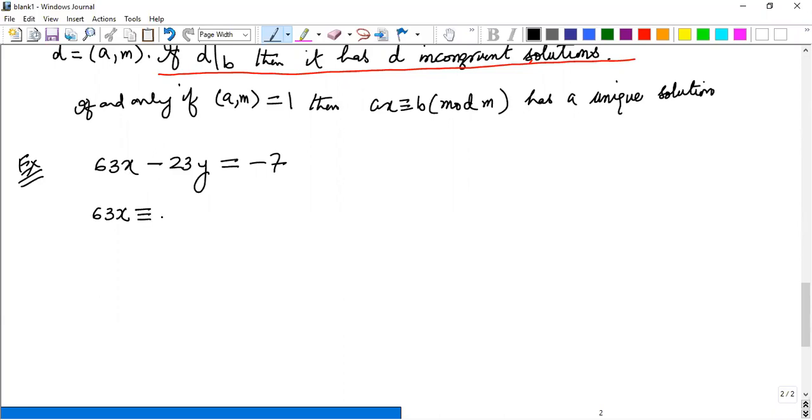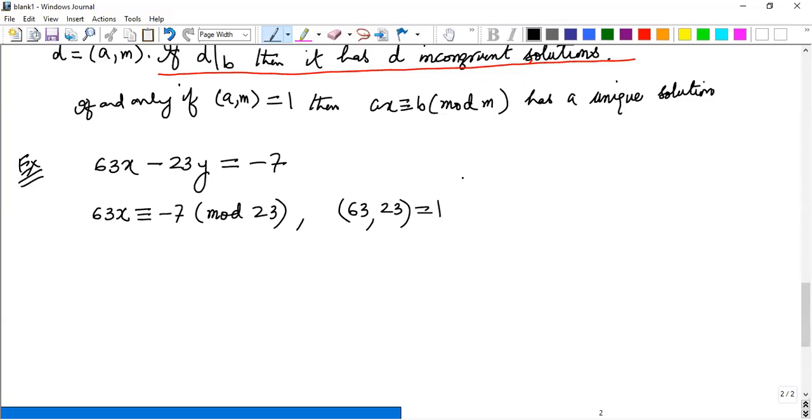There is no need to write -7, or you can write +7 as well. Anyway, just write -7 modulo 23. Where GCD of 63 and 23 is 1, which divides -7. So it means this linear congruence is solvable.